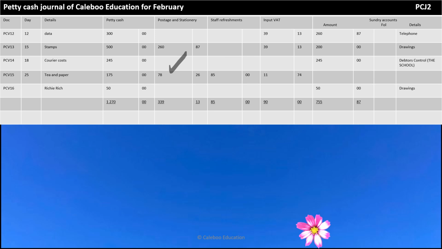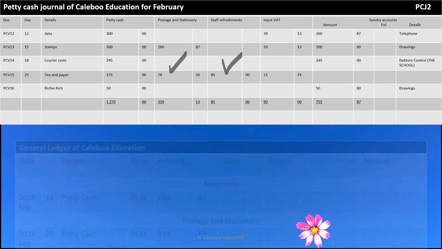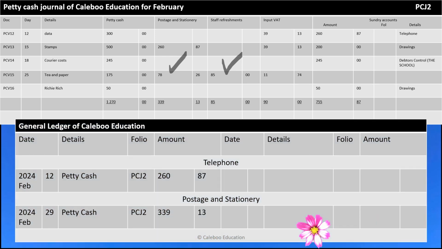I still need to do postage and stationery, staff refreshments. Let's see if we can wrap this up. So there we got the telephone account. Telephone is an expense, so is postage and stationery. Let's complete this posting from the journal to the ledger.